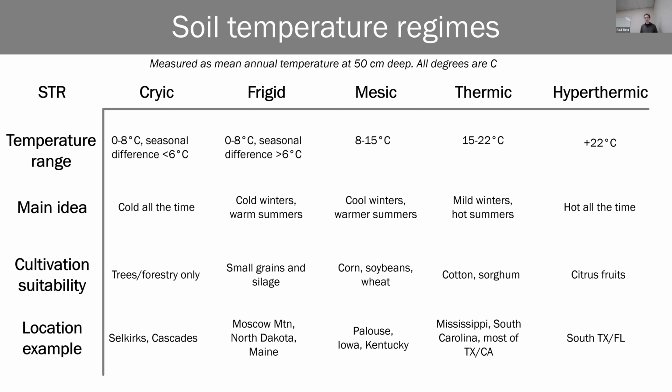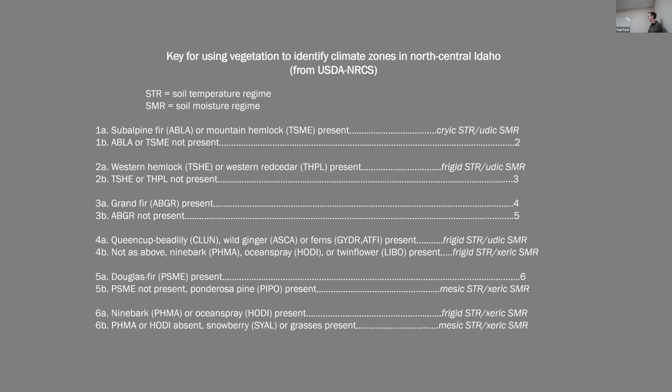So for North Central Idaho, at least, the NRCS has this example, like a dichotomous key, to relate the vegetation or the kind of plant communities that are in a given location to the climate conditions, so the temperature and the moisture regime.